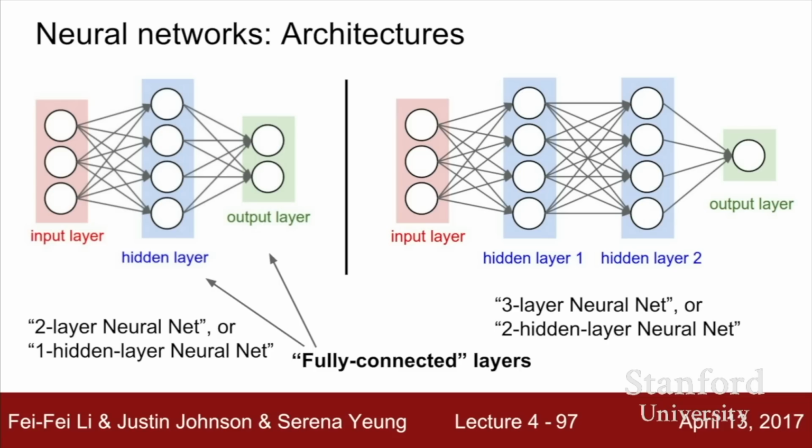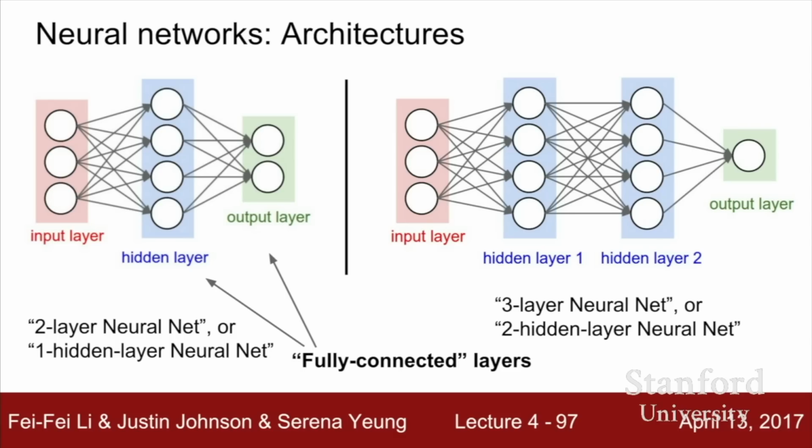So we gave the example of these fully connected neural networks, right, where each layer is a matrix multiply. The way we actually want to call these is, we said 2-layer neural network before, and that corresponded to the fact that we have 2 of these linear layers, where we're doing a matrix multiply. 2 fully connected layers is what we call these.